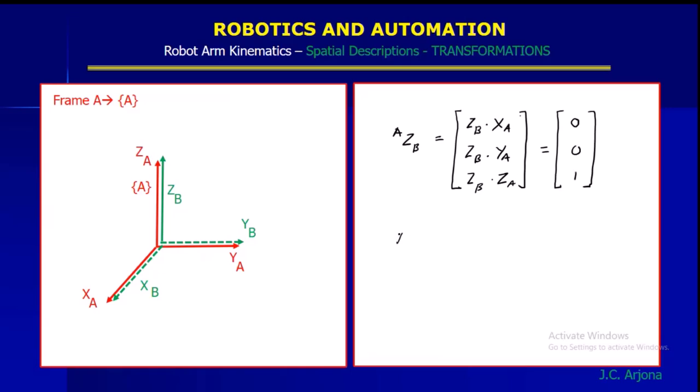Take note of how we obtain these values: the definition of the dot product, A dot B, is magnitude of A, magnitude of B, cosine of the angle theta. For unit vectors, the magnitude is equal to 1. That's why you notice the values are all 1.